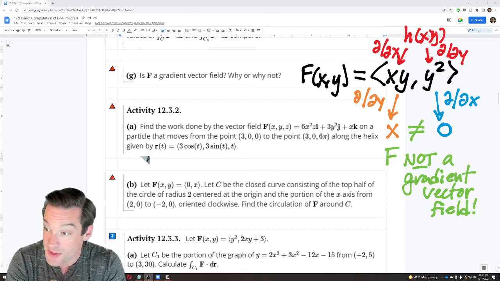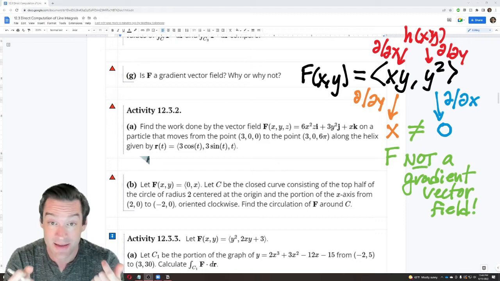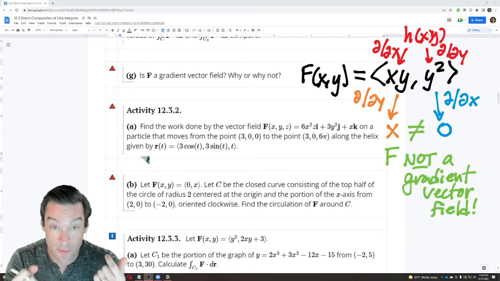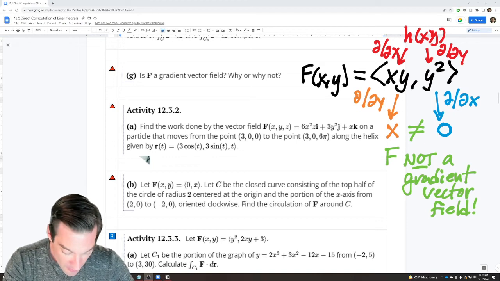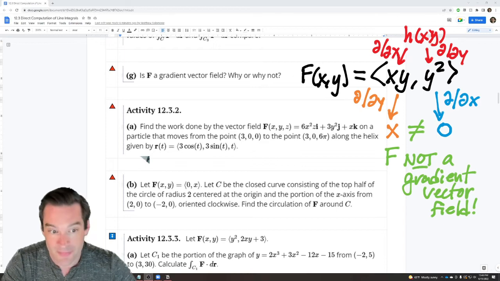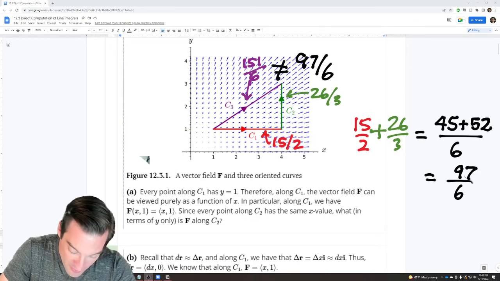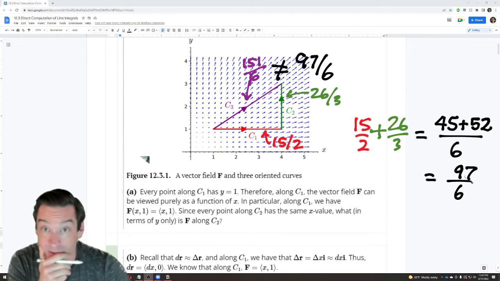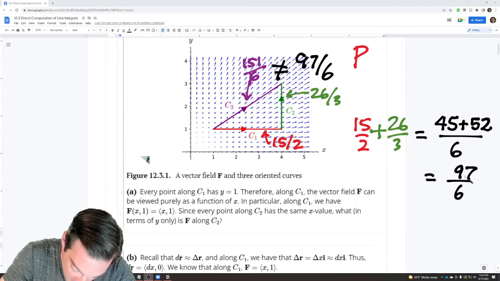So this is a real success of the screening test. The screening test can tell you right away if something is not a gradient vector field. And so for us, the interesting question is, now that we know that this isn't a gradient, does that have any relationship to the observation that we made here, which is that this path integral ends up being path dependent?